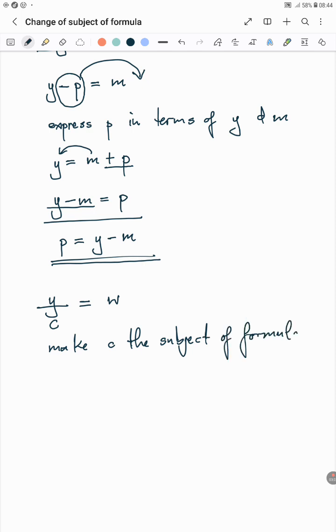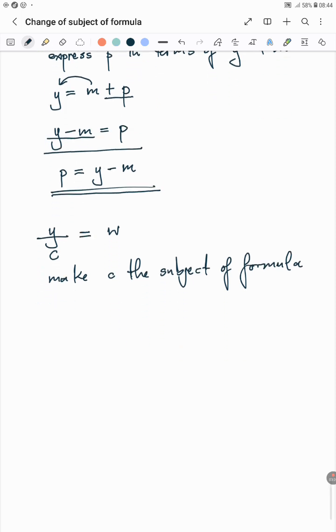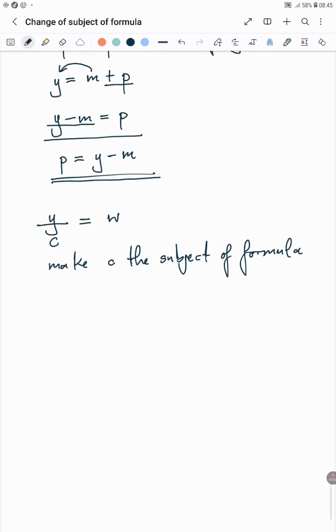So here you have to clear the fraction. And how are you going to clear the fraction? In this case, you're going to multiply both sides by c. So here you're going to say c times y over c is equal to w times c. So c into c, that's 1, and c into c, that's 1.